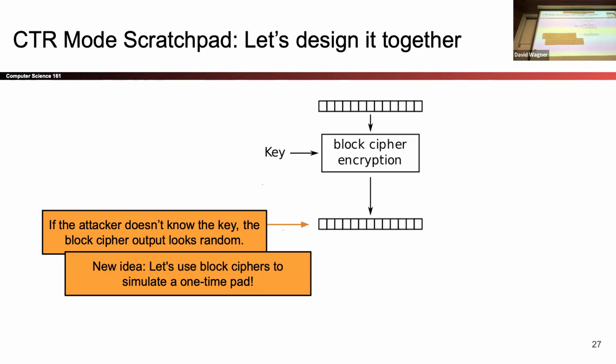I'm not generating a pad and then doing one-time pad XOR, but instead you're going to multiply the plain text times the key. Maybe modulo something so that the numbers don't get too large. Okay, multiply the key times the plain text.